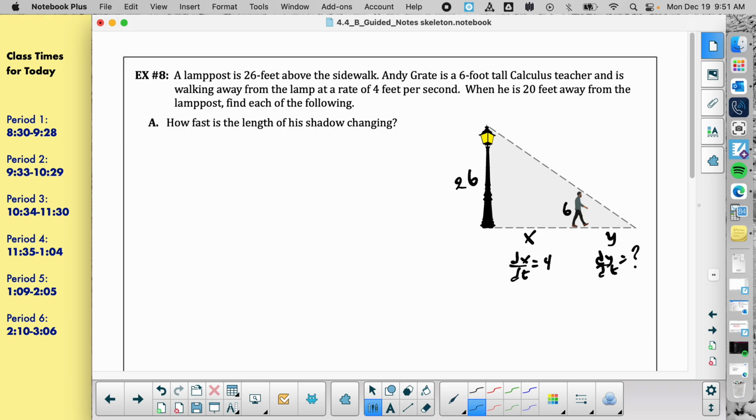And this one, I guess we're not really doing substitution on this one. This one's just set up as similar triangles. So the man with his shadow is going to be a proportional similar triangle to the entire thing. And I know in the answer key, it doesn't explain where that first equation comes from. I believe it just writes the information down right here, and then it does the derivative.